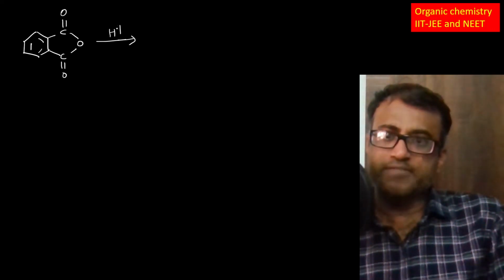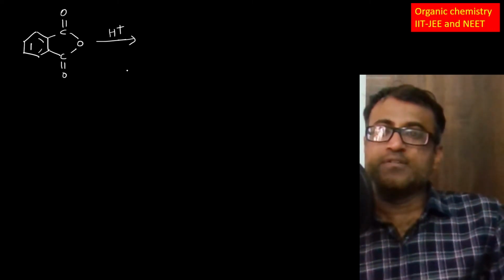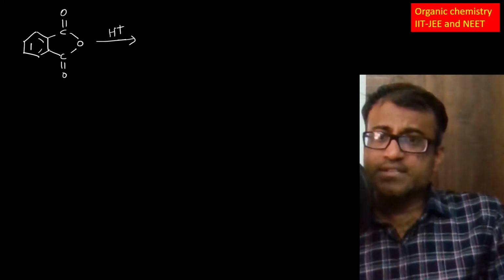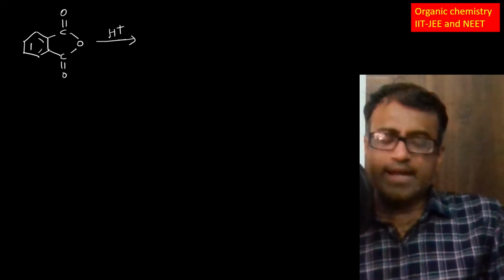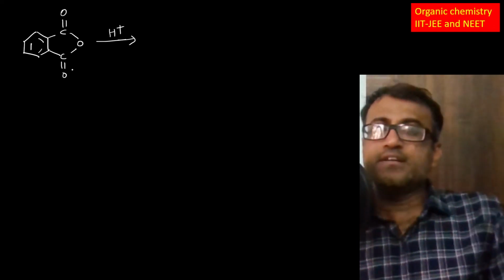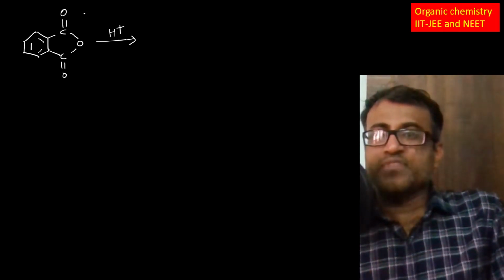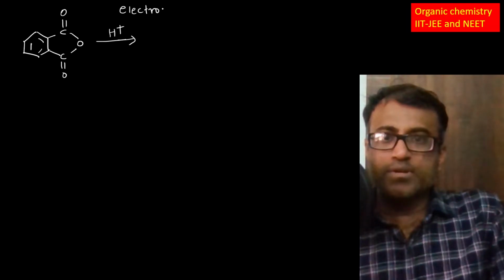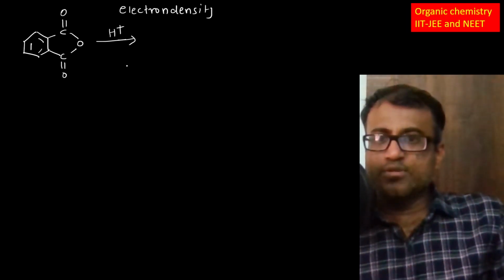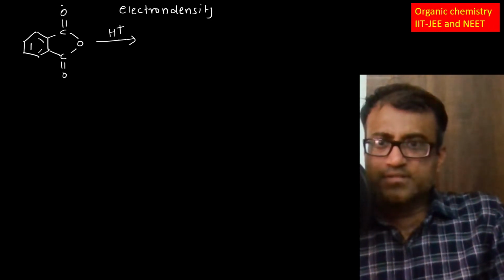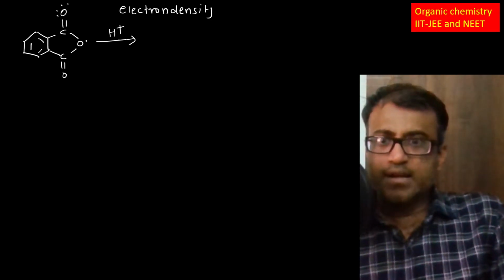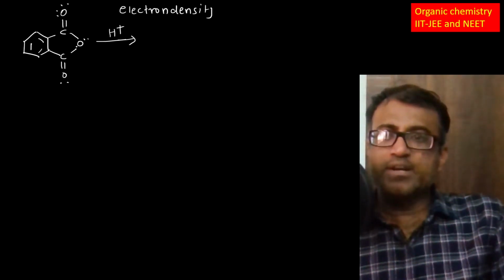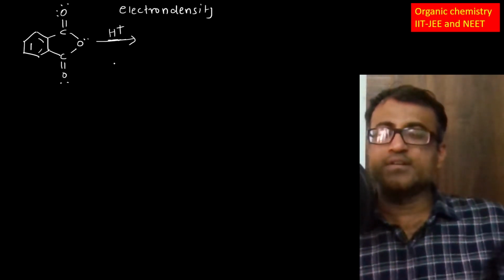Acid क्या देगा? Acid will give H plus ion. Now this H plus will attack at the place where the electron density is more. So basically there are 3 oxygens which are available, which can donate electrons to this proton.